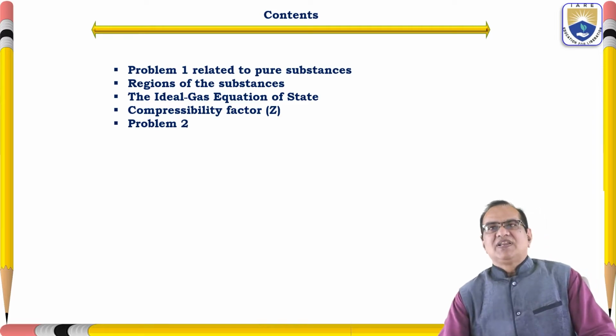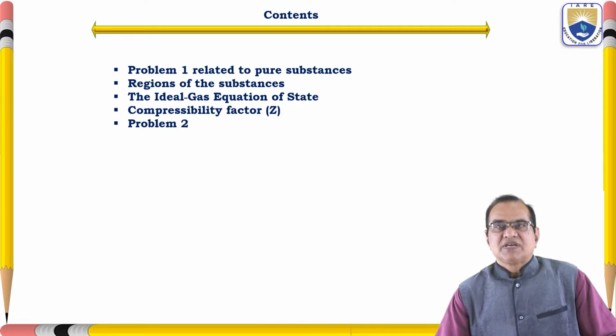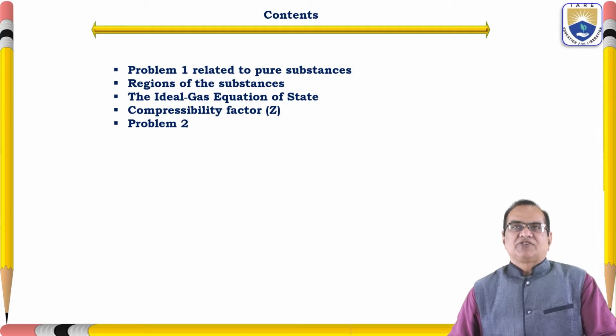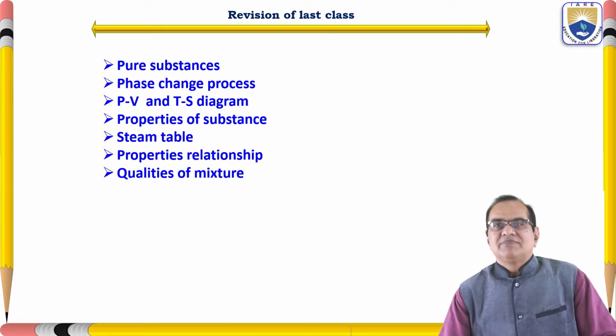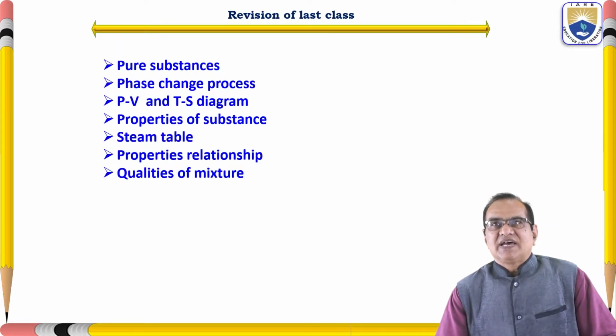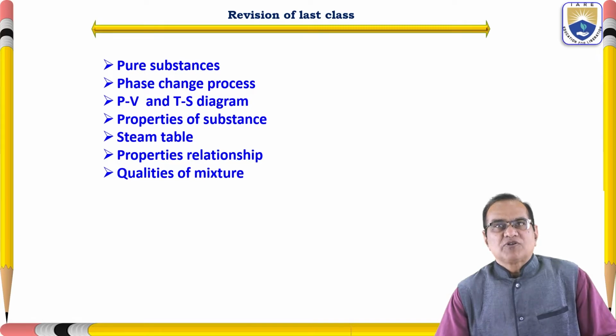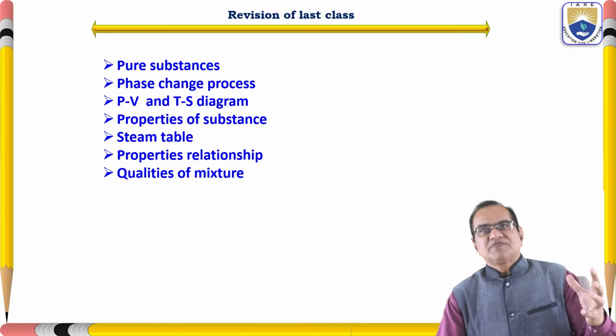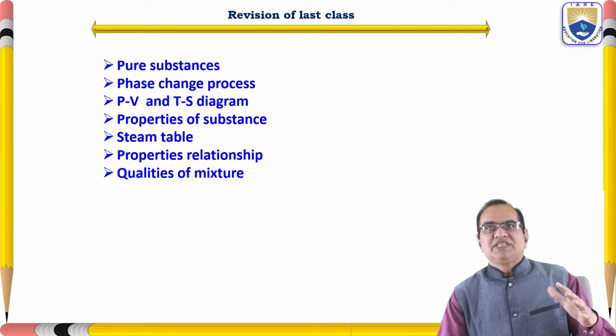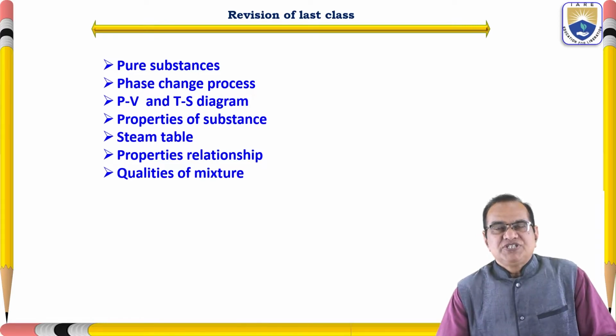Before that, I will try to revisit my previous lectures, as a revision of my last lecture. In that, I have covered the pure substances. The pure substances are substances which behave like a homogeneous substance if you mix two or more substances.